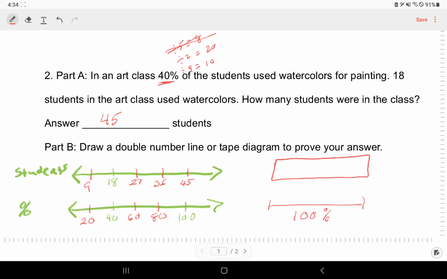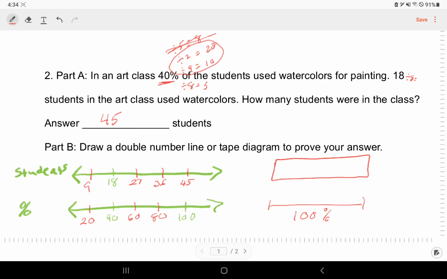Now, I could divide by 8 and get to 5, but that would make this difficult because dividing this by 8 gives me a decimal. And I can't really have decimal point students. And so that's difficult. So we kind of want to stick with 2 and 4. Doesn't matter how short the person is, they're not going to be point whatever people.